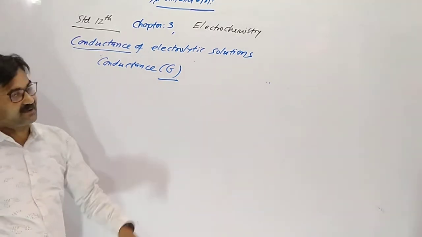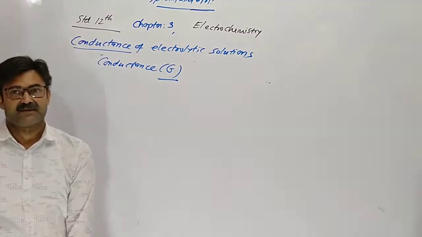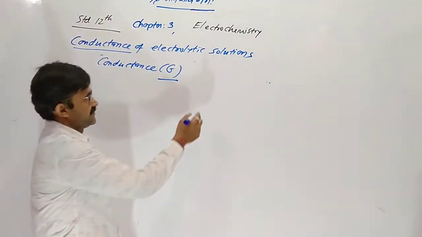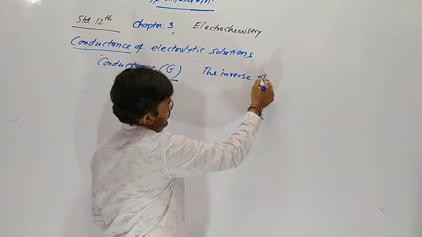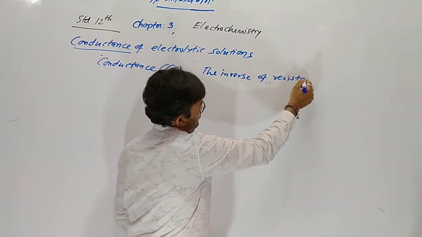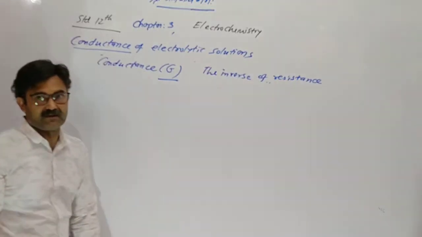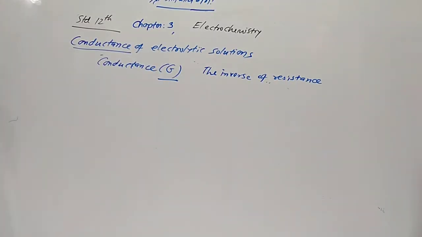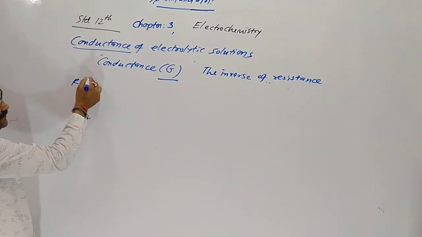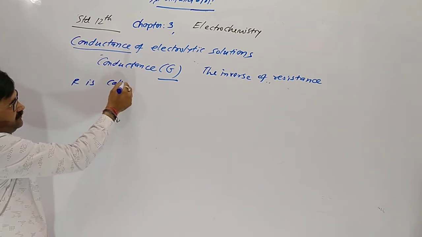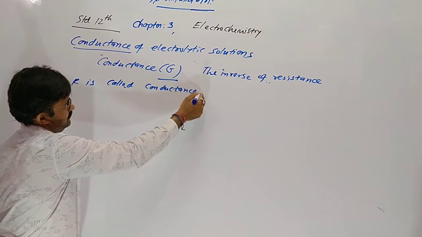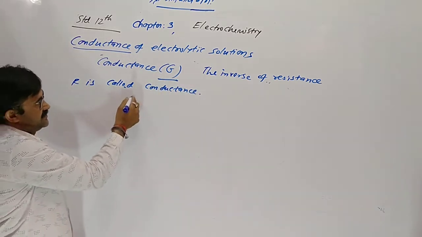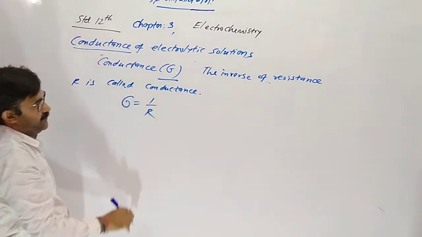G is conductance, the inverse of resistance. The inverse of resistance R is called conductance. Clear? It means G is equal to 1 upon R.